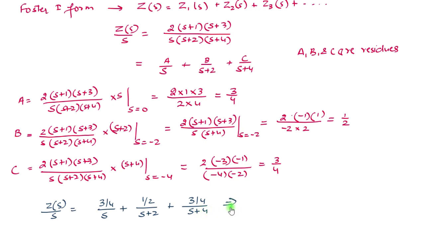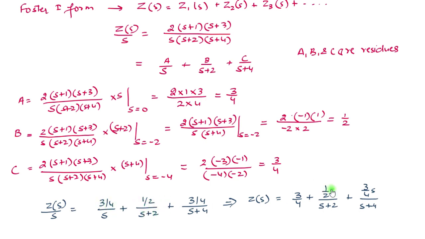So Z(s) can be written as 3 by 4 plus (1 by 2)s divided by (s plus 2) plus (3 by 4)s divided by (s plus 4). I have taken this s this side, that is, multiplying this s with this term and this term. Multiplying with this term will give 3 by 4.